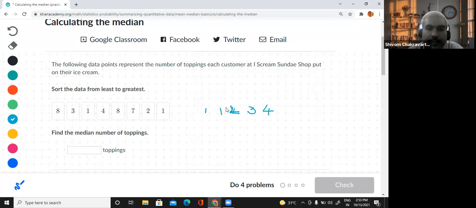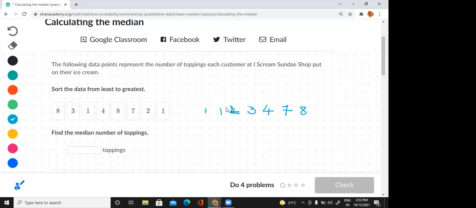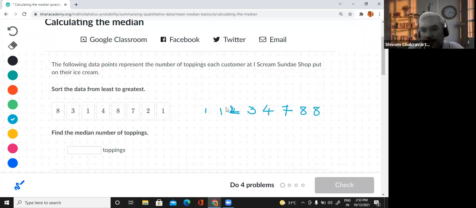Then there is directly 7, and then there is 8. Sir, 8 is there 2 times. Yes, correct. Very good. 8 is 2 times. So 1, 1, 2, 3, 4, 7, 8, 8. How many numbers? 3, 6, 8.